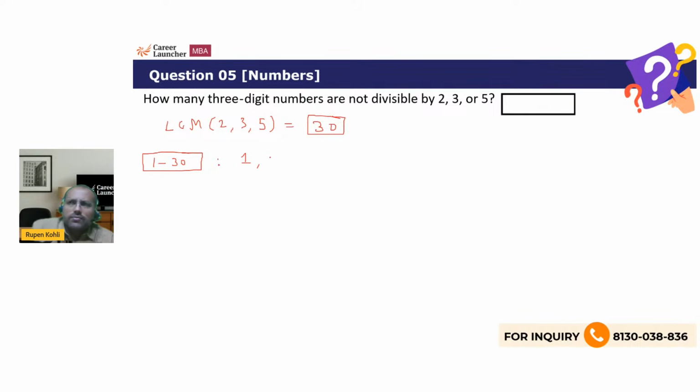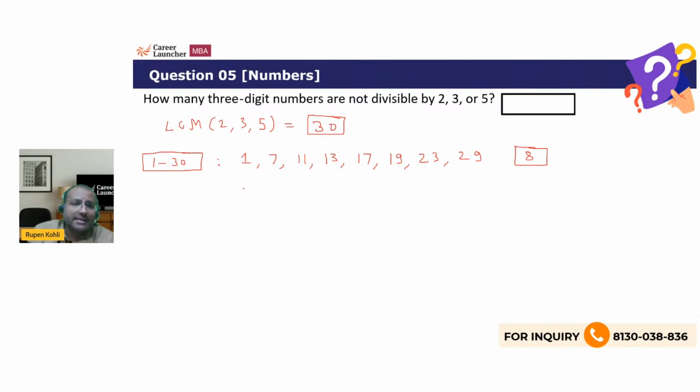Then 7, then 11, then 13, then 17, then 19, then 23, then 29. So 1, 2, 3, 4, 5, 6, 7, 8. There are these 8 numbers which are not divisible by any of these 3 divisors, 2, 3, 5.